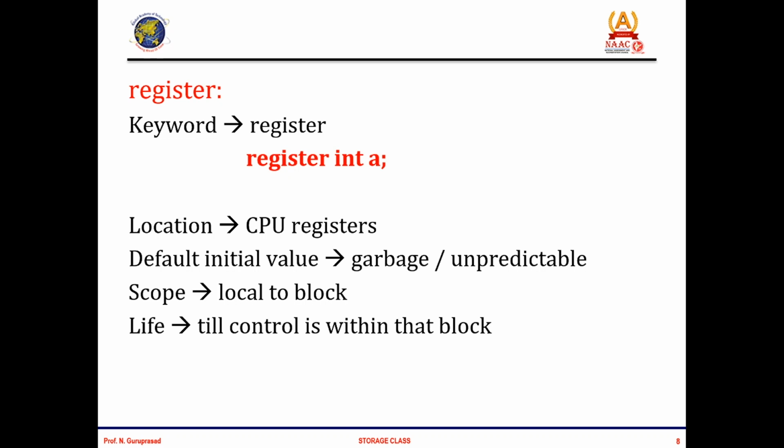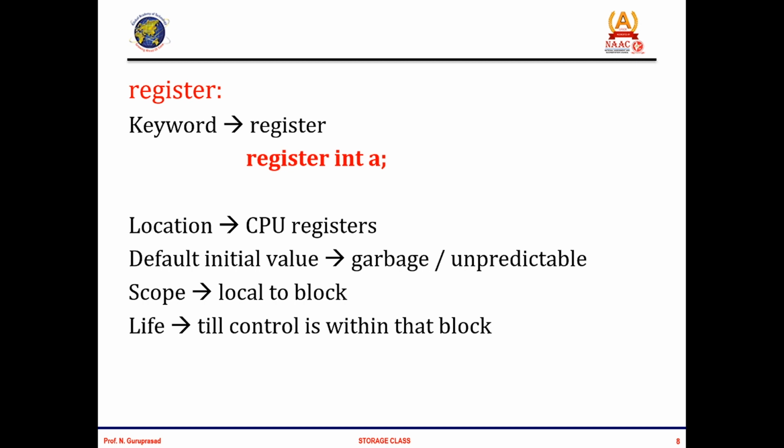On the other hand, if a free register is not available, that is one guarantee we cannot give, because as a programmer I do not know as of now whether a register is going to be available or not. That is why, if a free register is not available, then these variables are stored in memory only. When these variables are stored in memory, you do not really come to know the difference between automatic and register storage class.